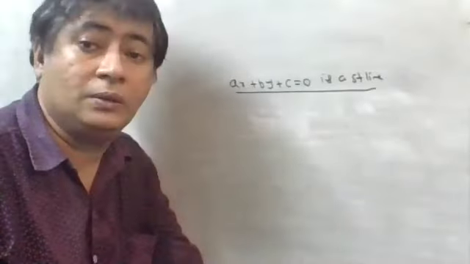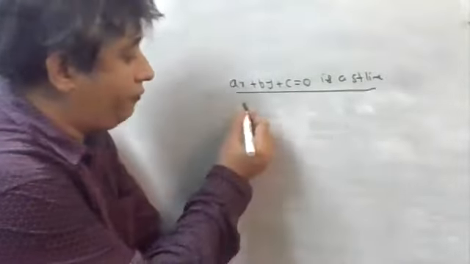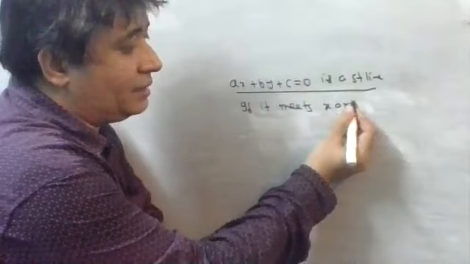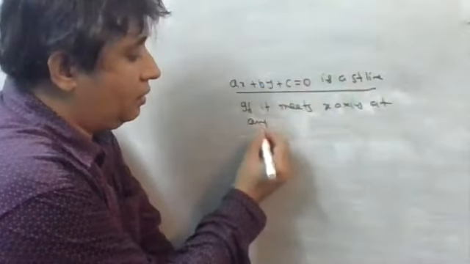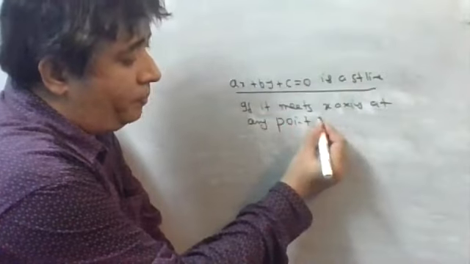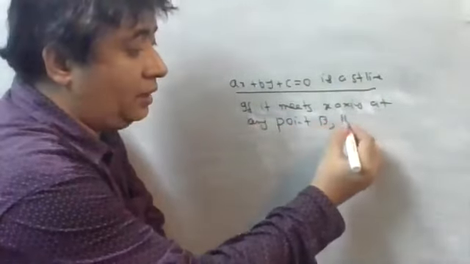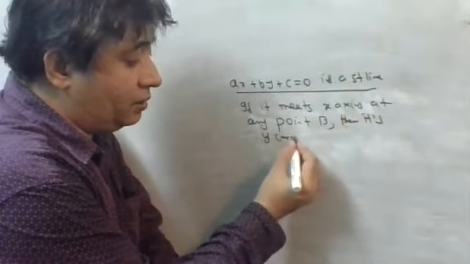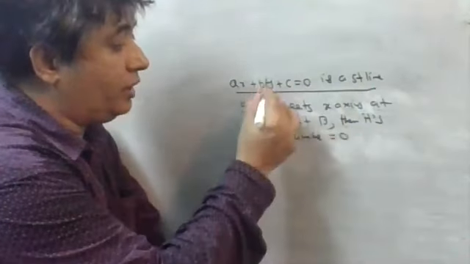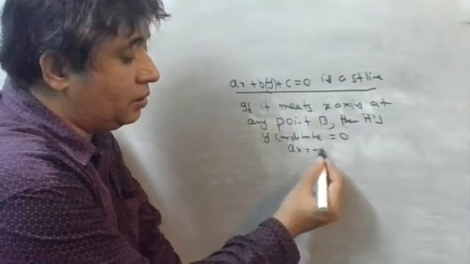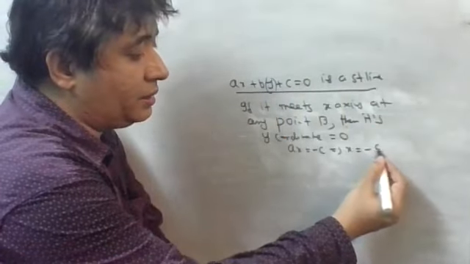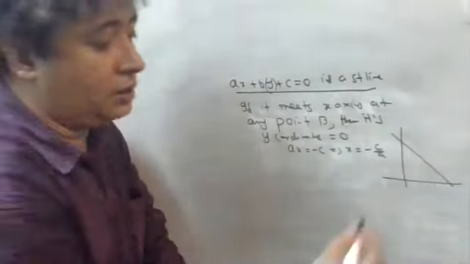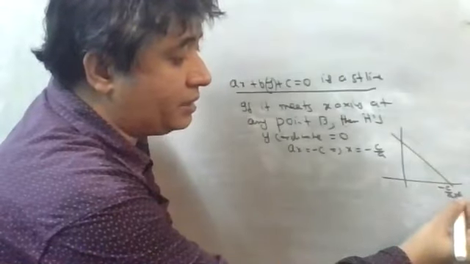Now, if it meets the x-axis at any point, say B, then its y coordinate will be 0. Put here y is equal to 0, so x is equal to minus c by a. See, if I draw the figure, this point is minus c by a comma 0.